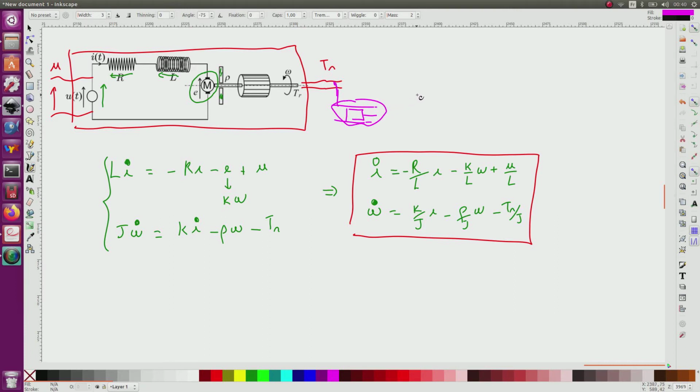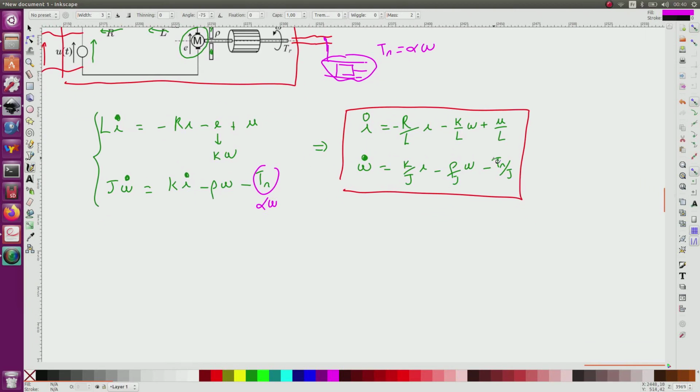And what I know is that TR, the characteristic TR, is proportional to omega. This is what I know. So the use is still linear. And from this, it will change my state equation. So this one becomes alpha omega.